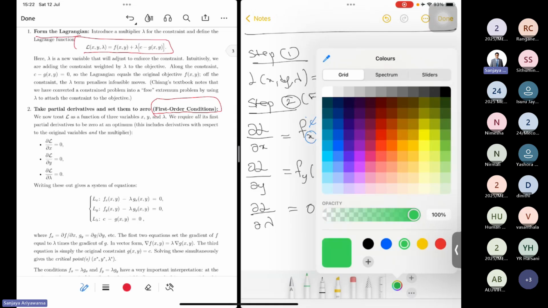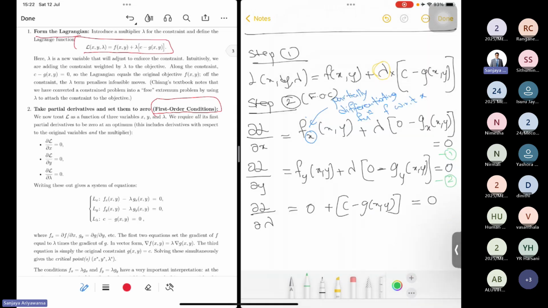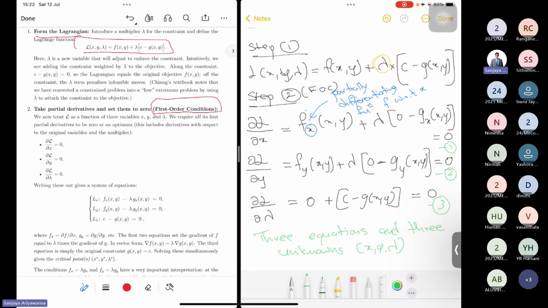So then from this, you see, I have 3 equations and 3 unknowns. What are the 3 unknowns? x, y, and lambda. So what I have to try and figure out is what are these x, y, and lambda.